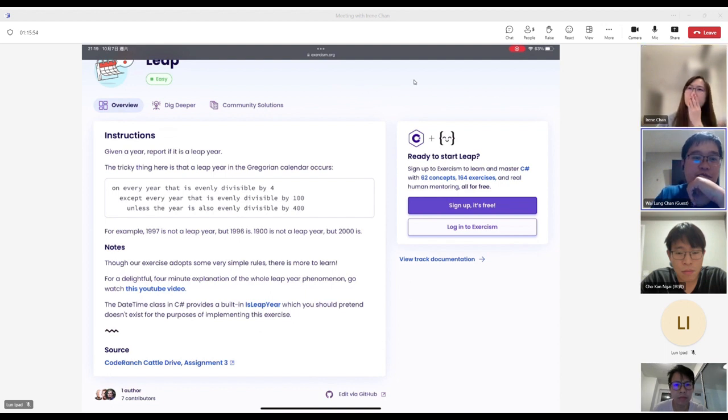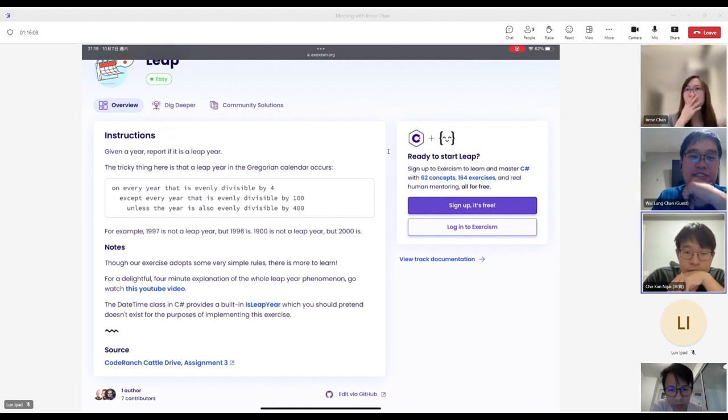I think it's quite tricky about the wording here, right? Yeah. So if it is divisible by 4, that means that it may be a leap year. I think everyone agrees with that, right? Yes. And then we have to check the second statement here, whether it is divisible by 100. If it is not divisible by 100, then it is a leap year because it used except here, right?